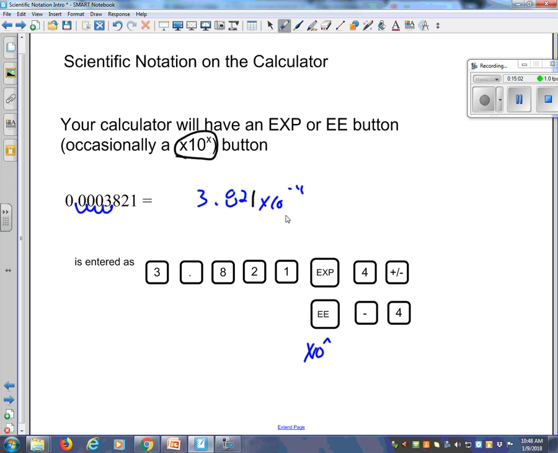I'm looking for that E. That means 3.8 times 10 to the minus 1. Okay, looks like we're in good shape.